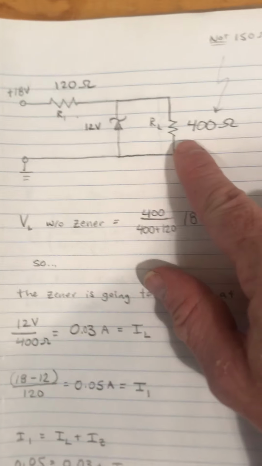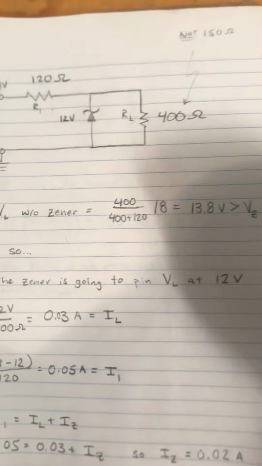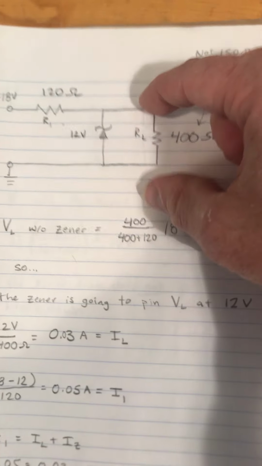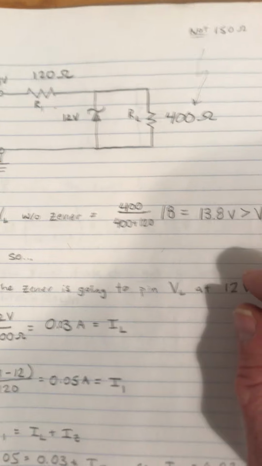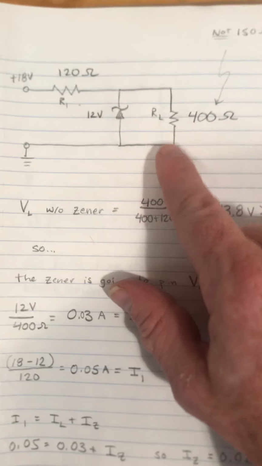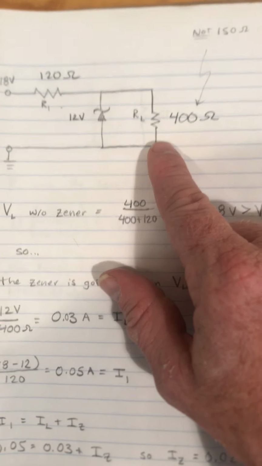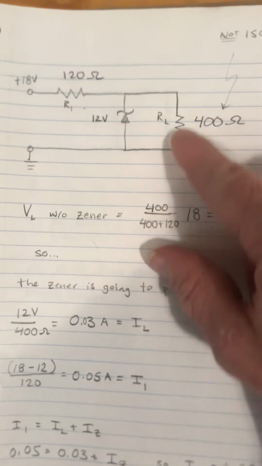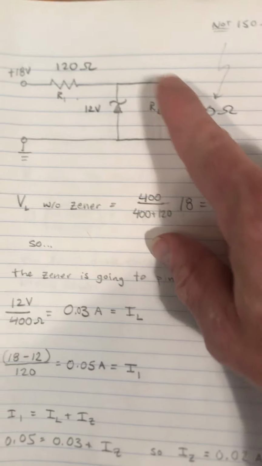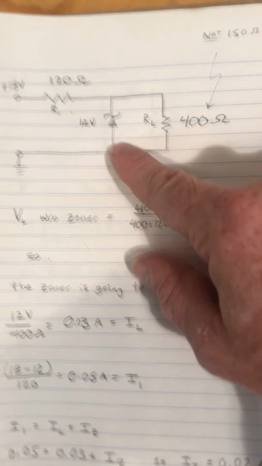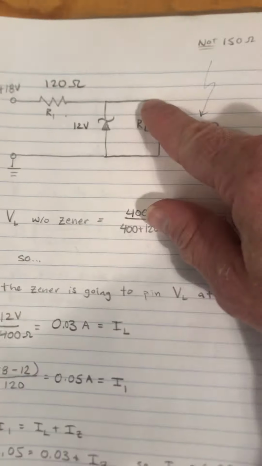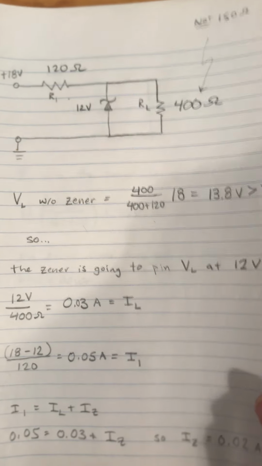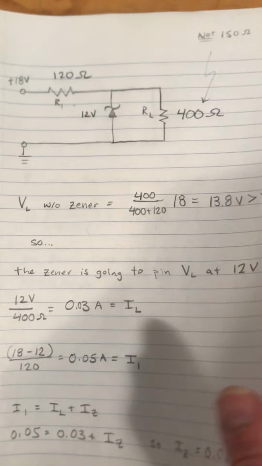So if this gets higher, it can go arbitrarily higher, and the Zener diode can just draw more and more current to maintain the appropriate voltage. However, if this gets too small, then the current going through here will be such that the Zener diode can contribute nothing to balance out the incoming current. And that was exactly what happened in the problem as I incorrectly transcribed it in class.